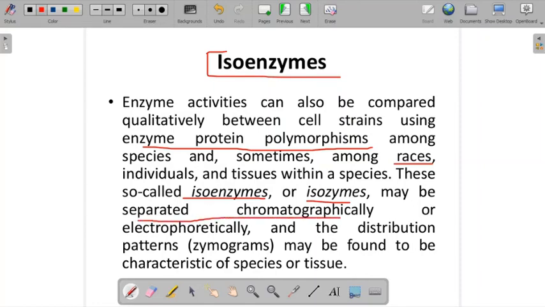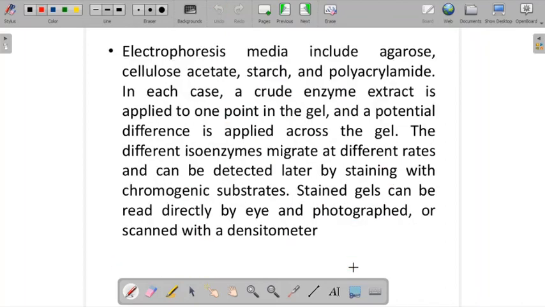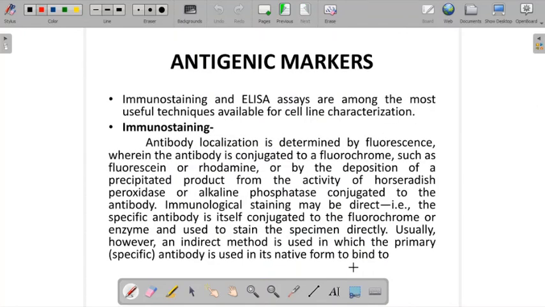They may differ in structural pattern, but their functions are the same. With the help of chromatography or electrophoresis and the distribution pattern of these enzymes, we can identify them with the help of zymogram patterns, or with some proteomics techniques. So this is the procedure.